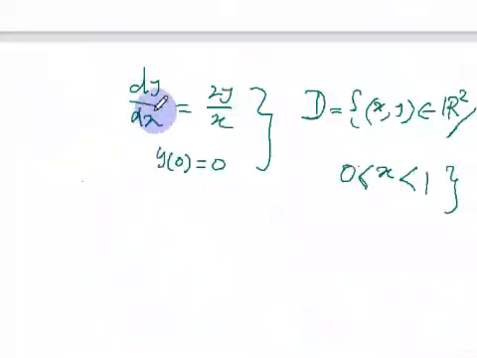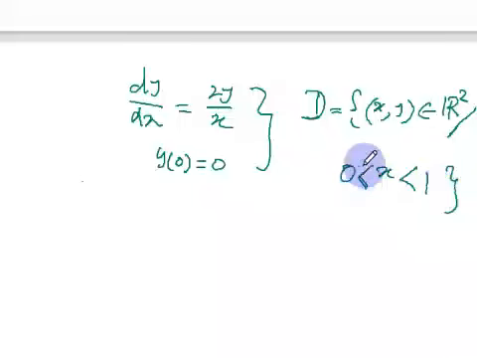Okay, if you look at this initial value problem here, dy/dx is equal to 2y over x, and the initial condition is this one, and your domain is any point in the infinite plane such that x is between 0 and 1.